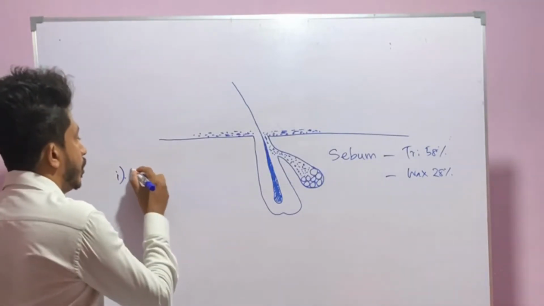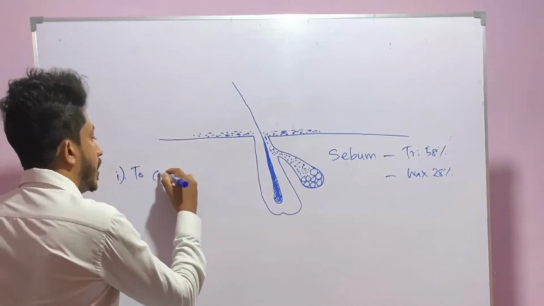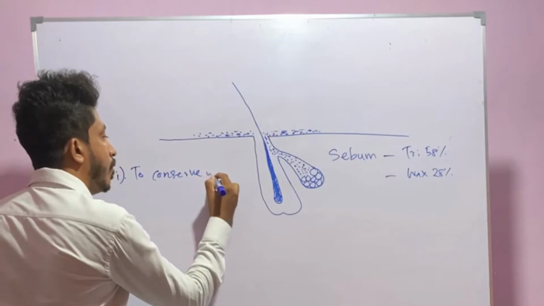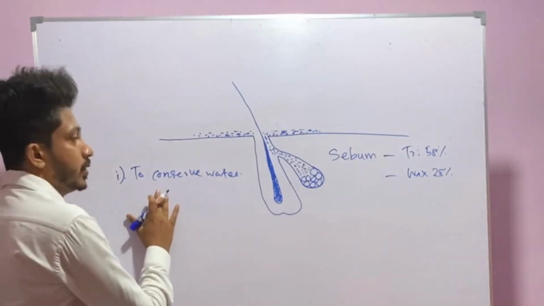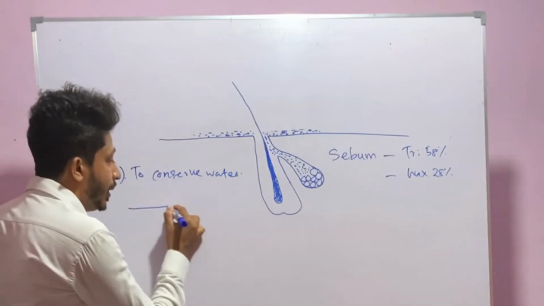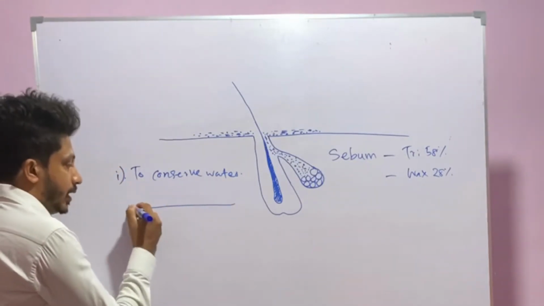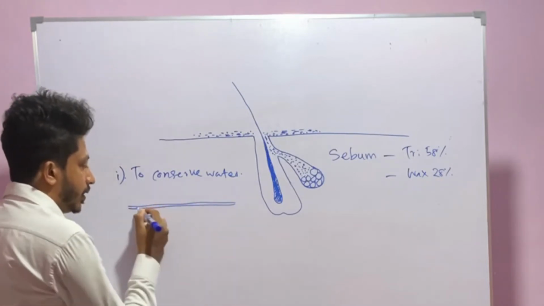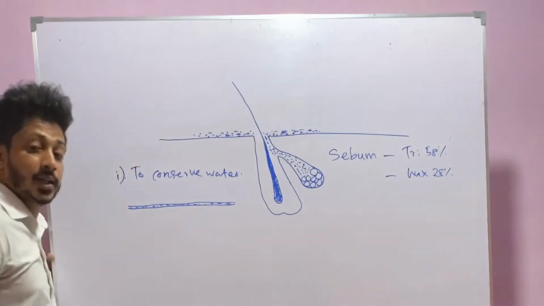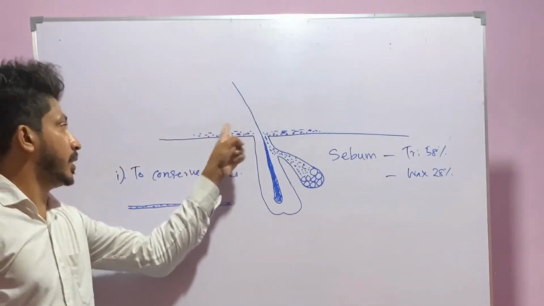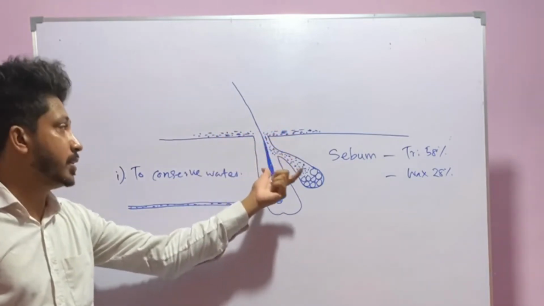One thing is to conserve water. How does this come? In the lipid lesson, I told you in our skin we have a thin lipid layer which covers our skin. This is how that lipid layer is formed.